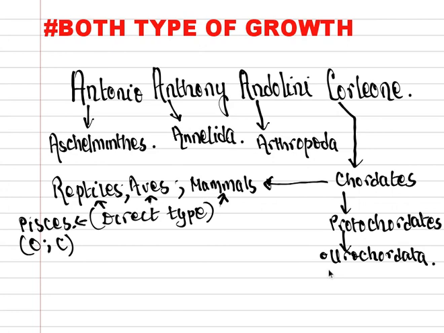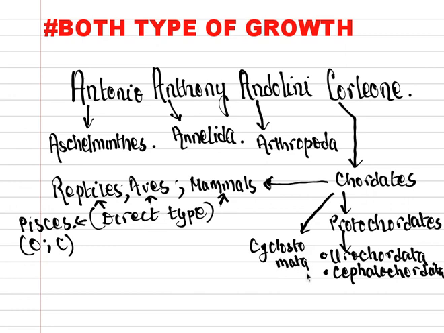After Urochordata comes Cephalochordata. Cephalo means head. Here it is the organisms who have notochord from head to tail, and it persists throughout their life. Protochordata done. Then the Cyclostomata, it is under the Agnatha superclass, that is the jawless vertebrates.